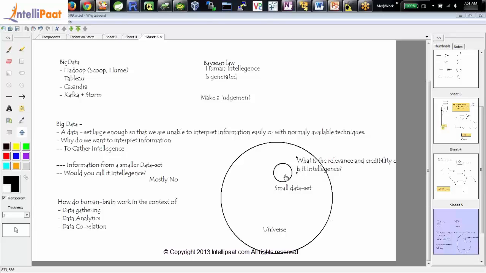Because the problem is, if we say this small data set shows me a particular pattern, let's say like all animals have 4 legs, something like that. So the point is, it always depends on the universe that we are actually talking about.